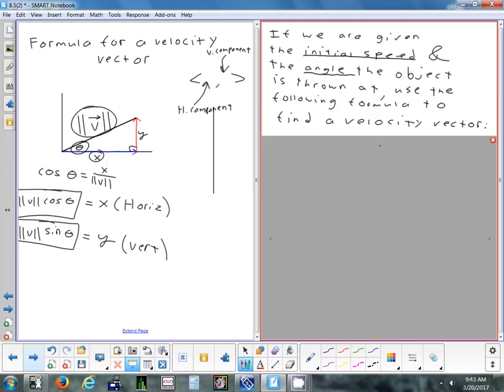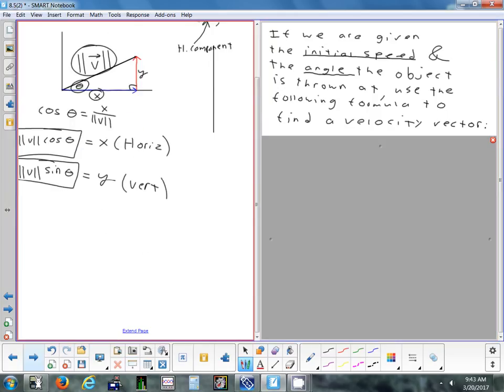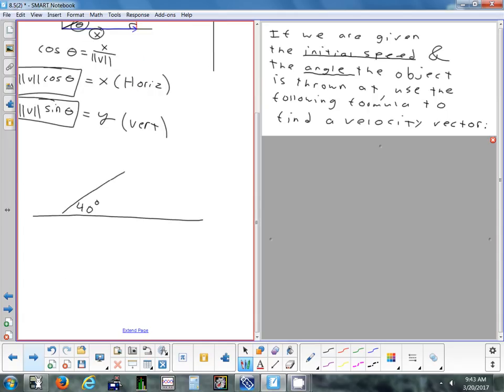For our purposes, we're going to measure the angle with the horizontal. That is not how a compass works. We would call that like a 40-degree angle. What if I threw something like that? What angle would that be? That would be a 0-degree angle. On a compass, when you go to the right, it's not 0.